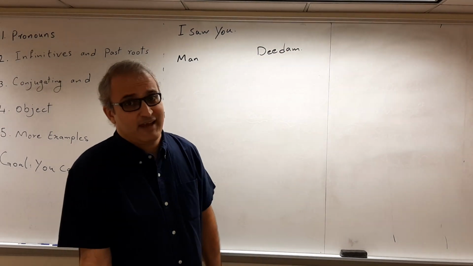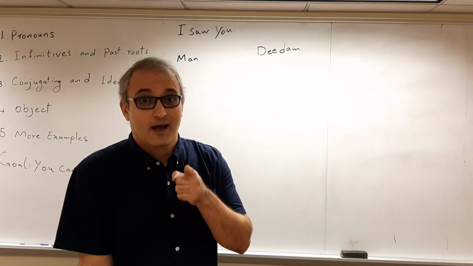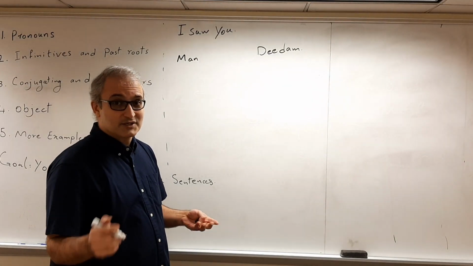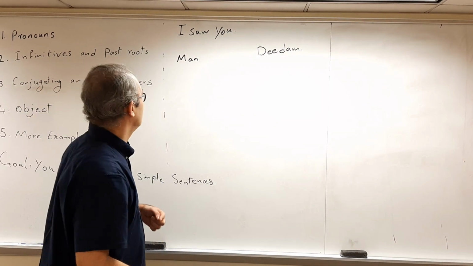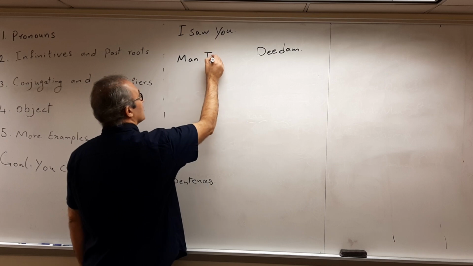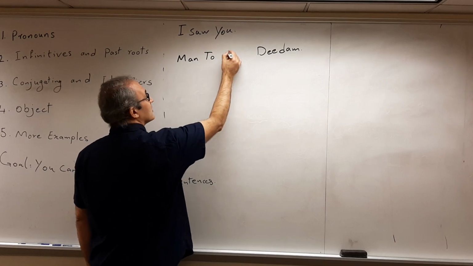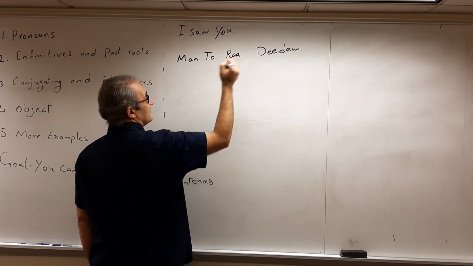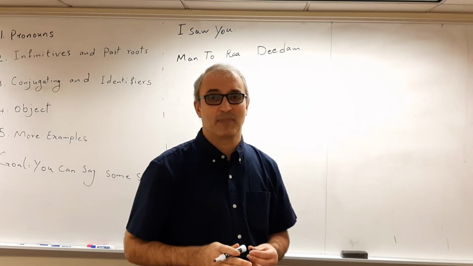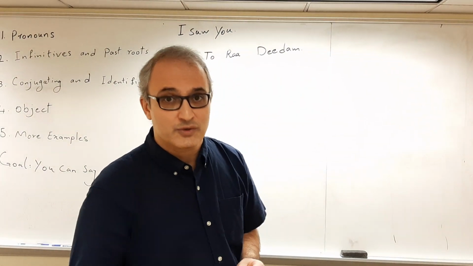What did I say? I saw you. Okay. You is to. You remember? To. So I have to say من تو را دیدم. It means that I saw you.